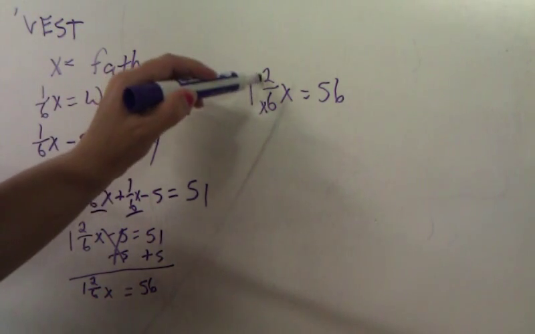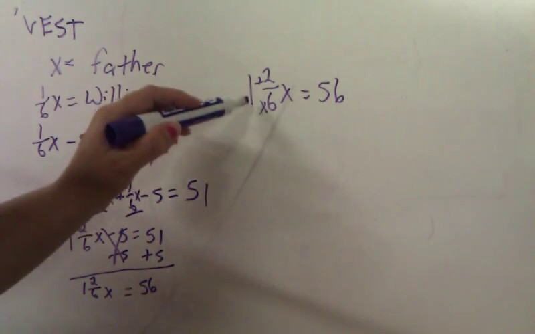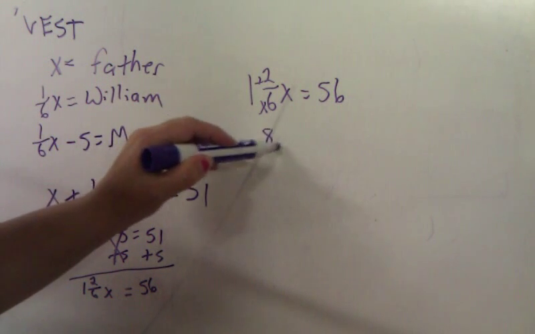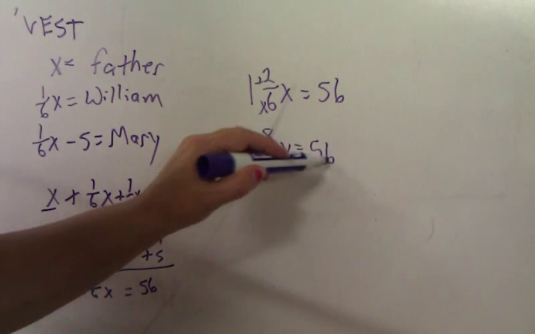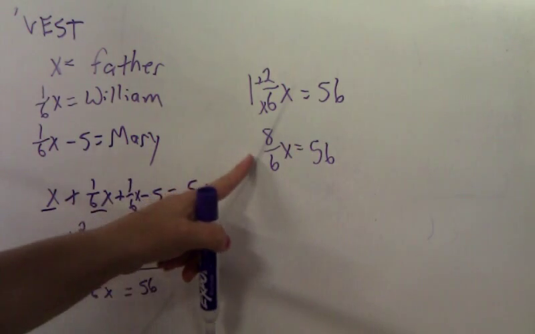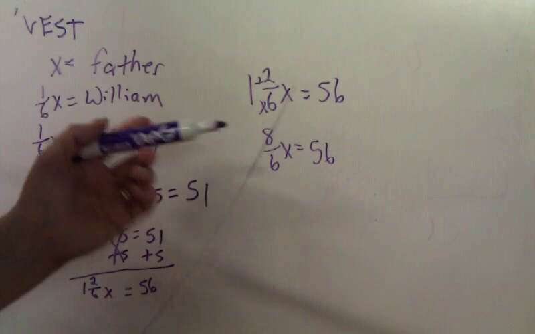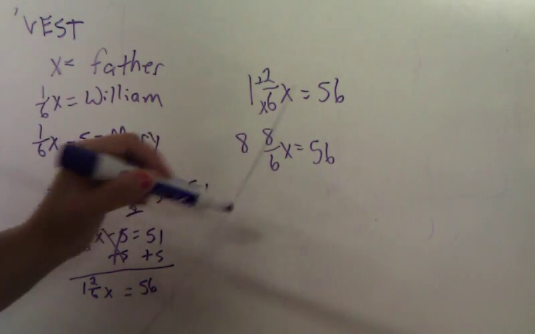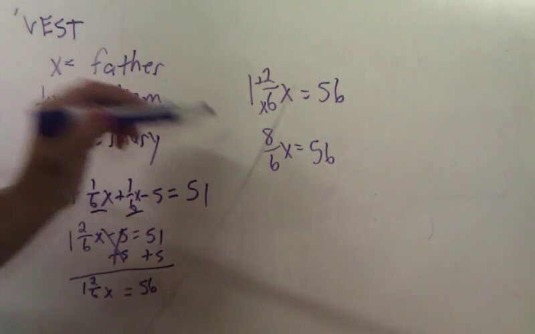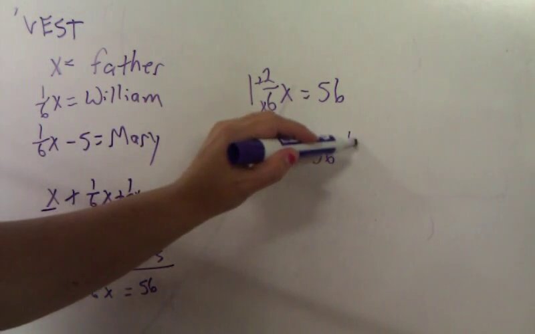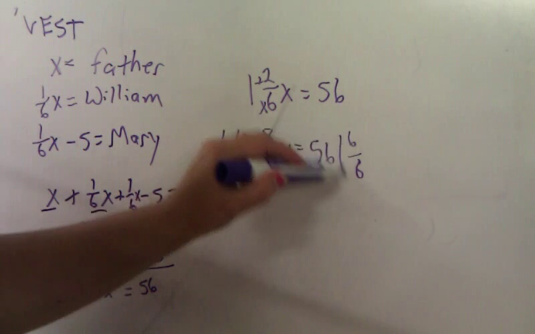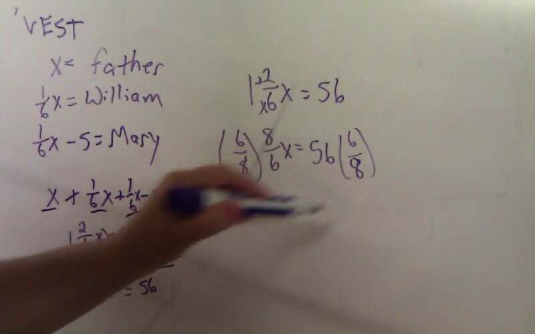Okay, remember your times and your plus. 6 times 1 is 6, plus 2 is 8. 8/6X equals 56. To get rid of the fraction, remember we have to flip it. So I have to multiply both sides times 6/8. That's an 8, by the way.